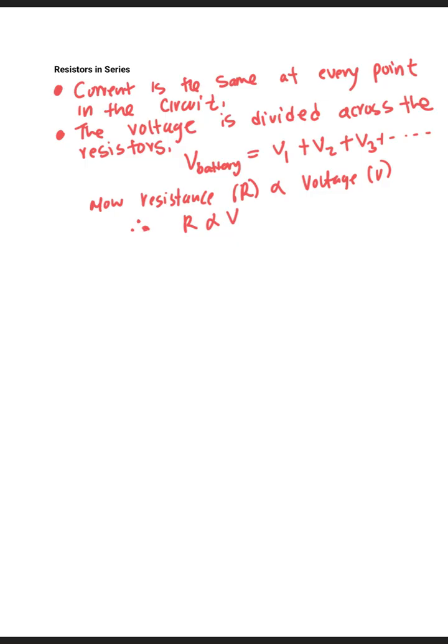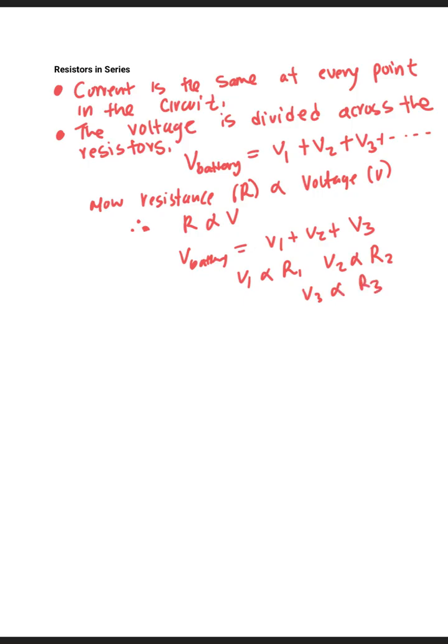So if we pick this formula, V battery equals V1 plus V2 plus V3, we can then have that V1 is directly proportional to R1, V2 is directly proportional to R2, and V3 is directly proportional to R3.